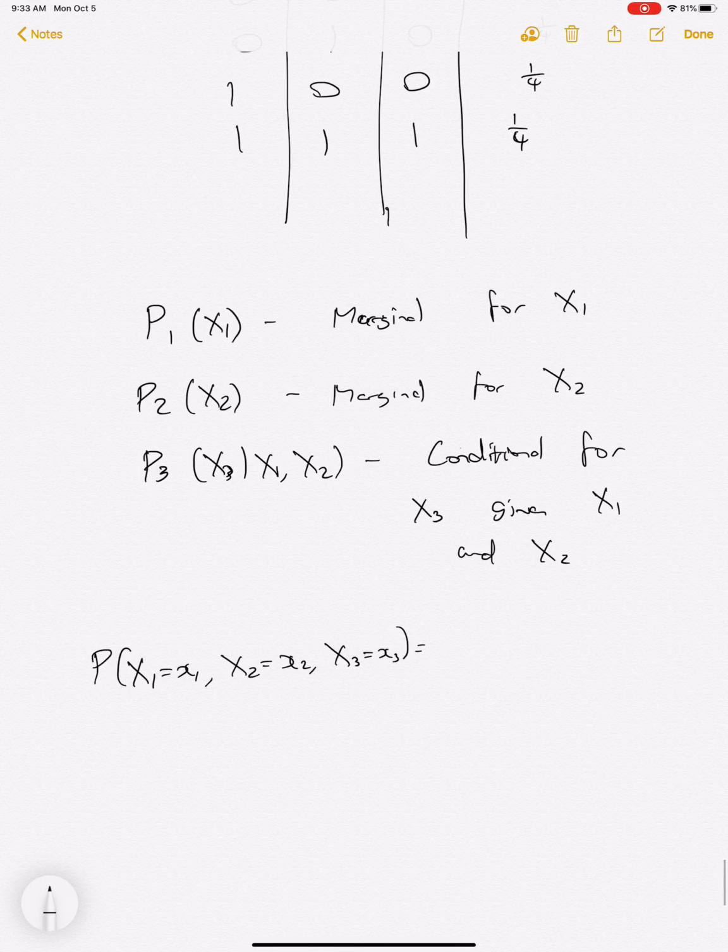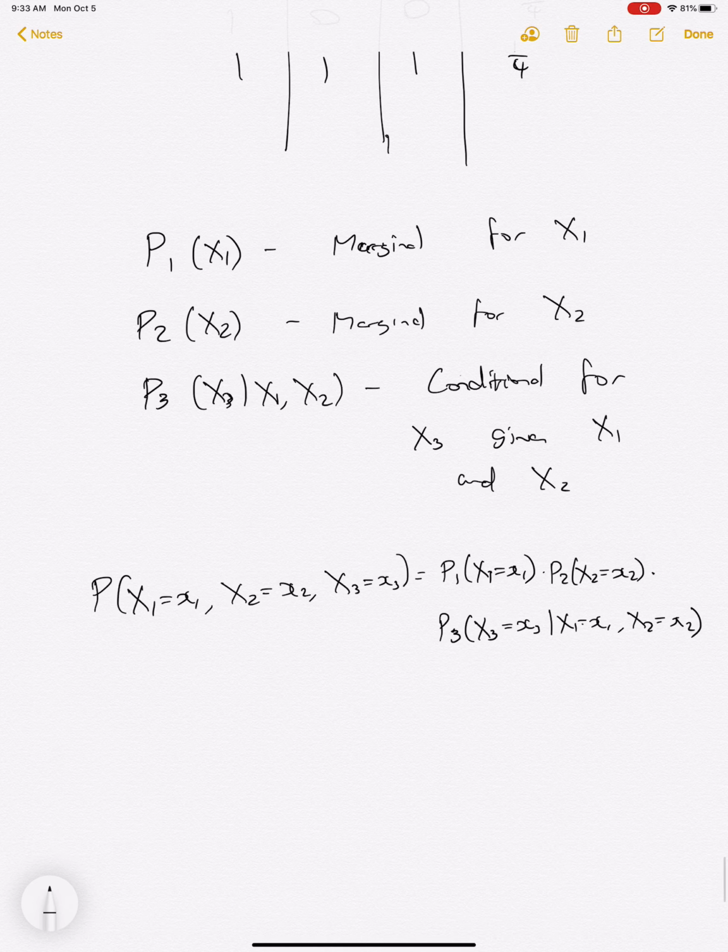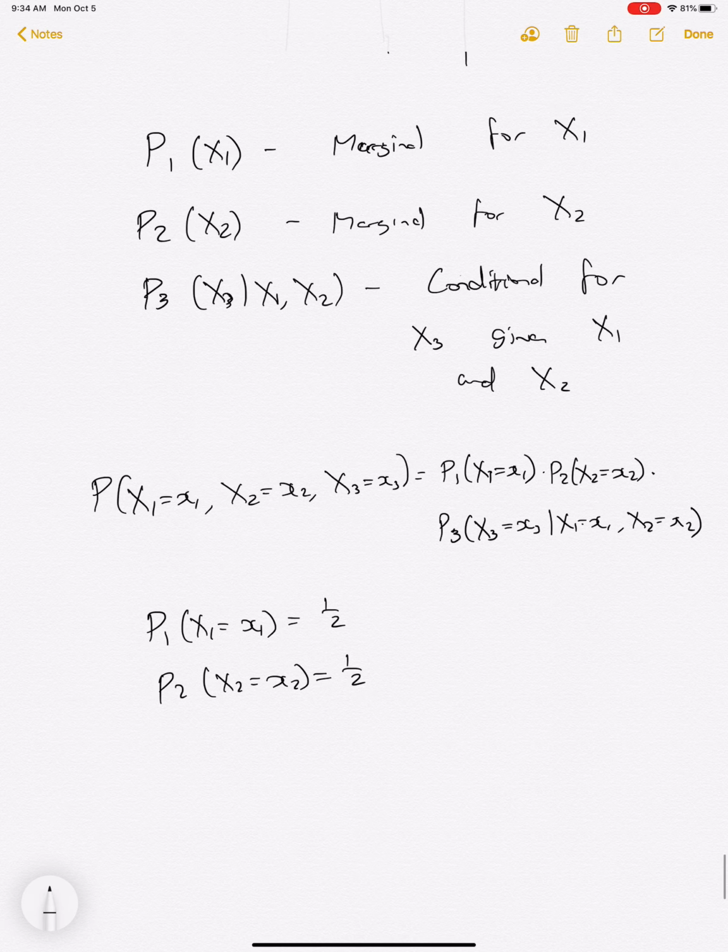So what you can hopefully see is that the probability x1 equals x1, x2 equals x2, x3 equals x3 is going to be P1 of x1 equals little x1, which is going to be a half regardless of what you choose, times P2 of x2 equals little x2, which is also a half, and then multiplied by P3 of x3 equals x3 given x1 equals x1, x2 equals x2.